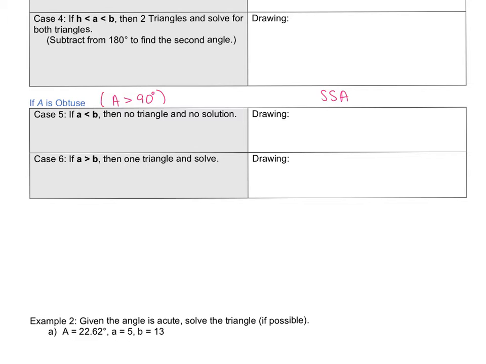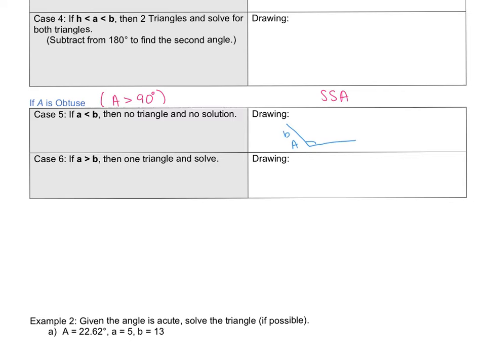The first case is if your side is smaller than your other side, then you're not going to have a triangle. Let me draw a picture. Let's say you're producing a triangle, and this is an obtuse angle this time, so I need to make it wider.